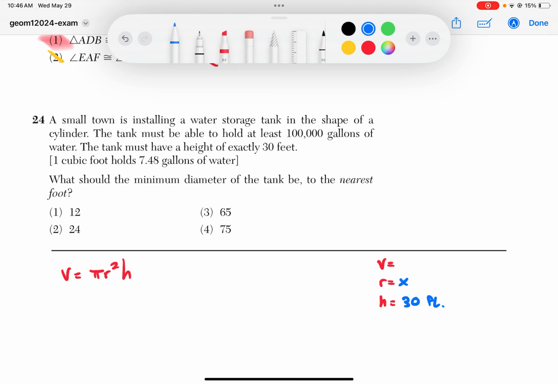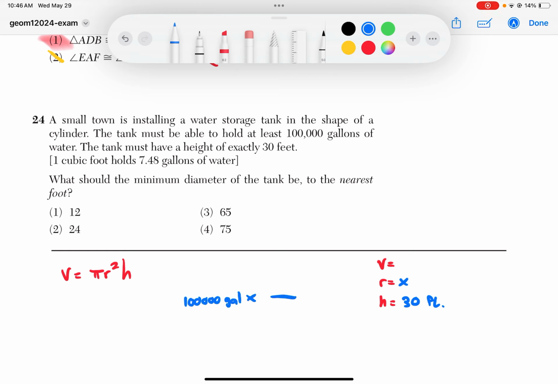I do not know the radius of the tank, so I'm just going to let that be x. Now, it's very tempting to put 100,000 in for the volume, but the volume is not the same as how much water that it holds, right? I have 100,000 gallons, and I know that every cubic foot will hold 7.48 gallons of water, right? So 100,000 gallons.